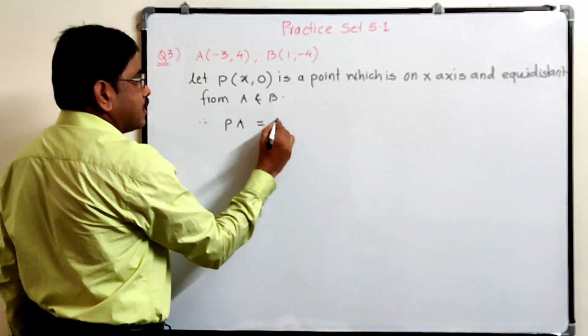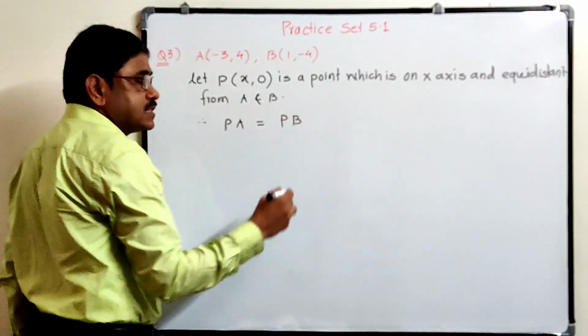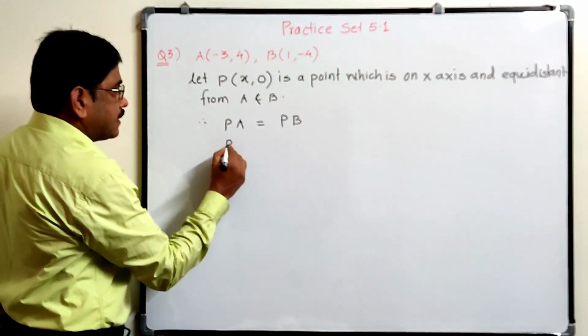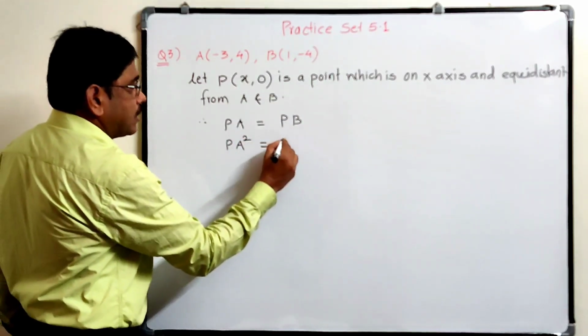PA equals PB. Distance PA means PA. So PA square is equal to PB square.